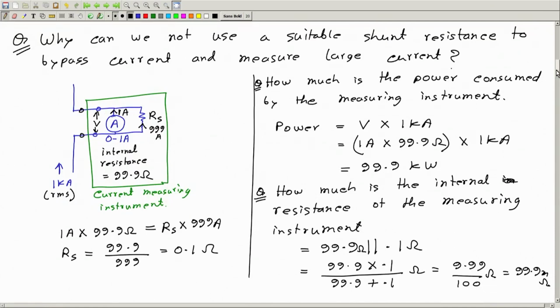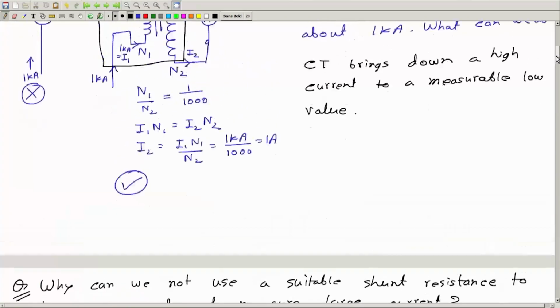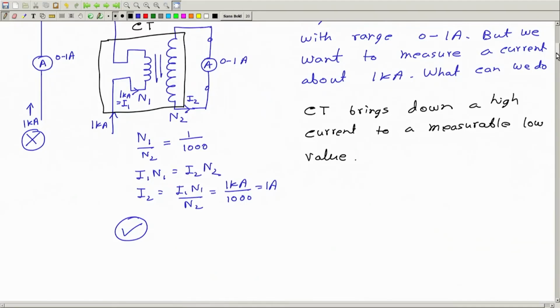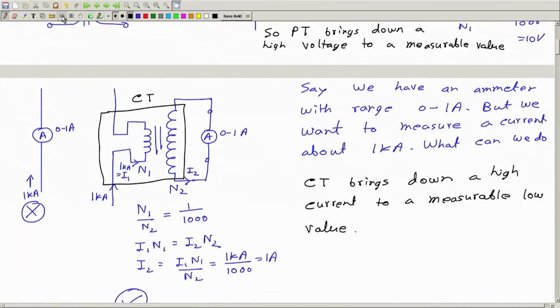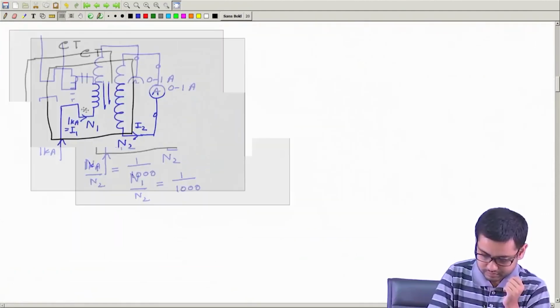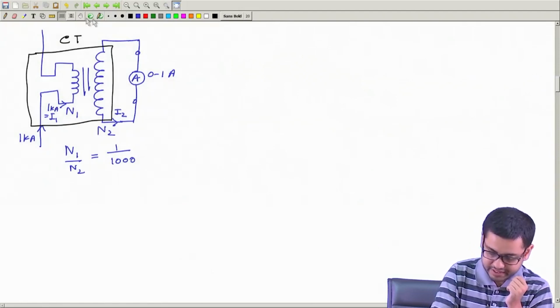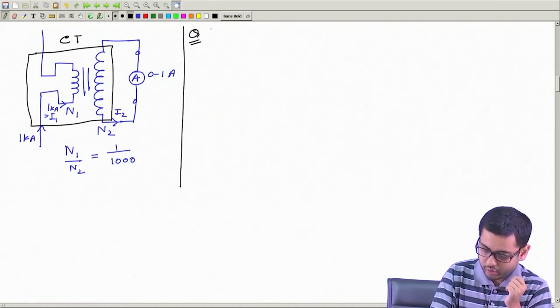Now let us compare this with the scenario where we are using this current transformer. Okay, so if we use this current transformer, then once again let us ask how much is the power consumed.